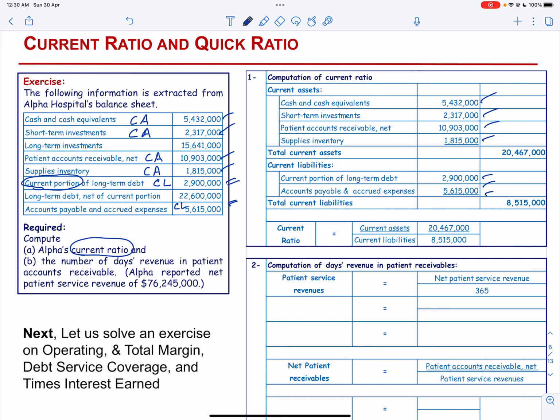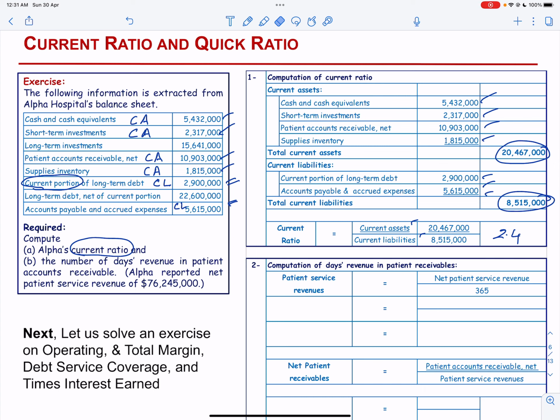The current ratio is current assets divided by current liabilities. So we have current assets and we have the current liabilities, and this will be equal to 2.4. Then number B, the number of days revenue in patient's accounts receivable.